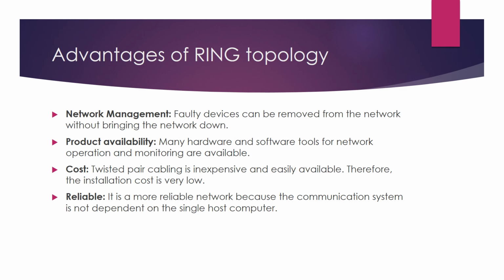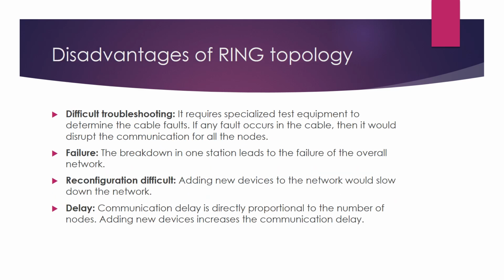Third is cost. Twisted pair coaxial cabling is inexpensive and easily available, therefore the installation cost is very low. Reliable: it's a more reliable computer network because the communication system is not dependent on a single host computer. Every system is connected in the form of a ring, so it's a reliable communication network.